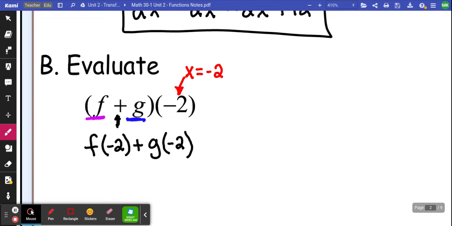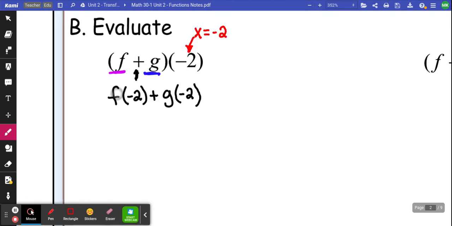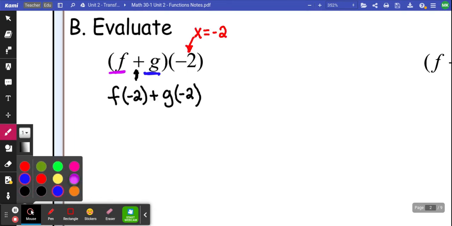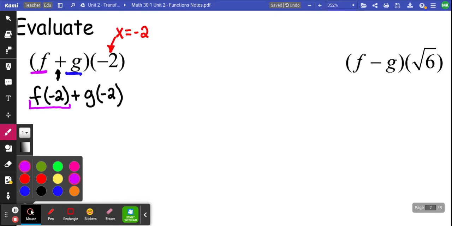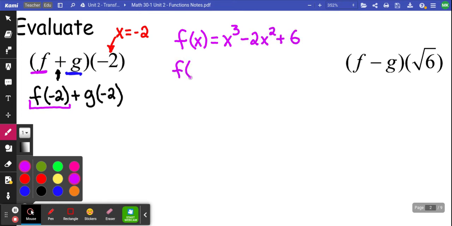So what I would do is I would calculate each one of these individually. I would go and figure out what f at negative 2 equals. So go to your function. I believe f of x equaled x cubed minus 2x squared plus 6. Okay, so go ahead and change that to be f of negative 2.